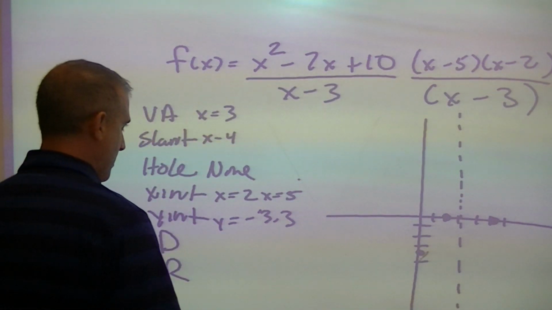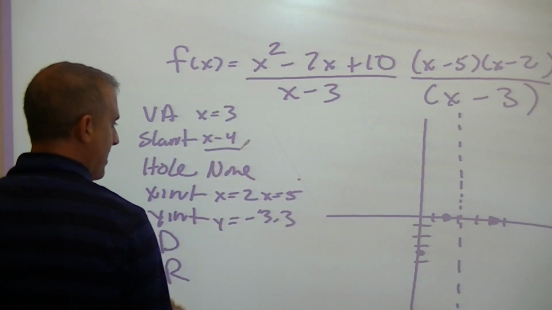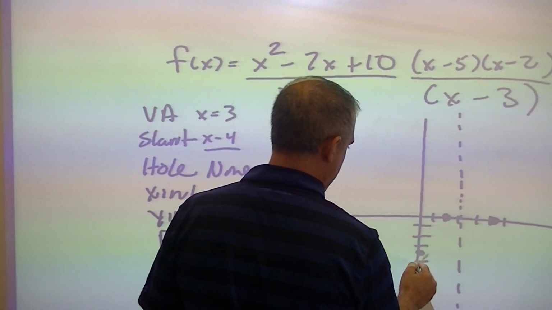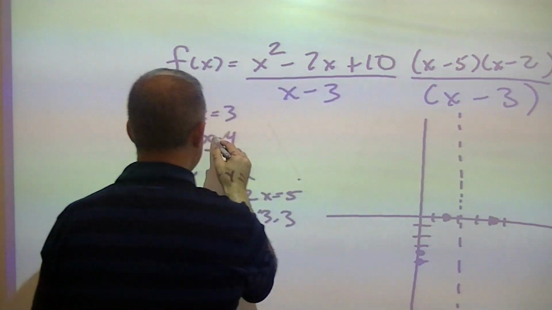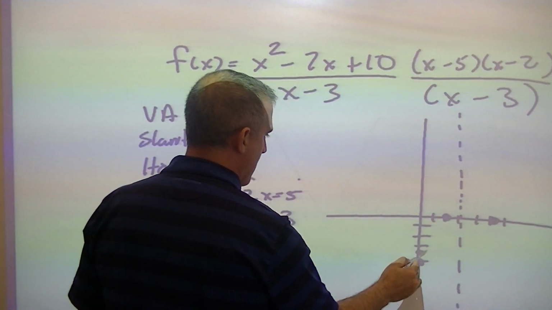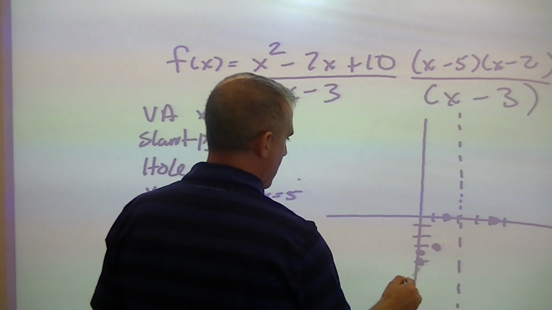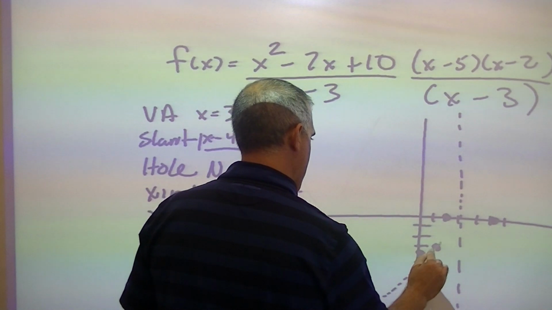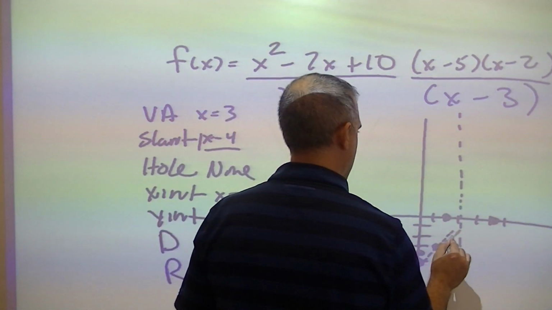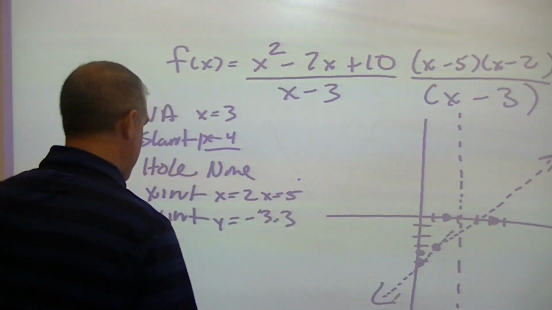Now, the way the equation x minus 4 works is, if I did plotting a line, I start at the y-intercept, which is negative 4, I go right one, I go up one, right one, and that would create a slant asymptote.